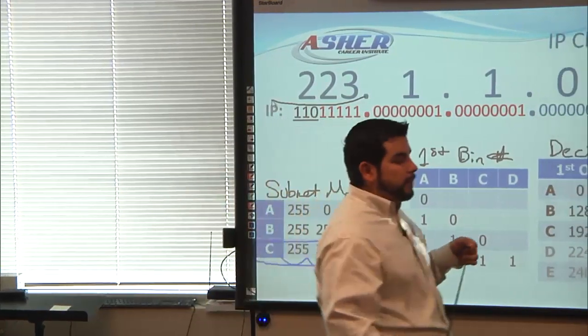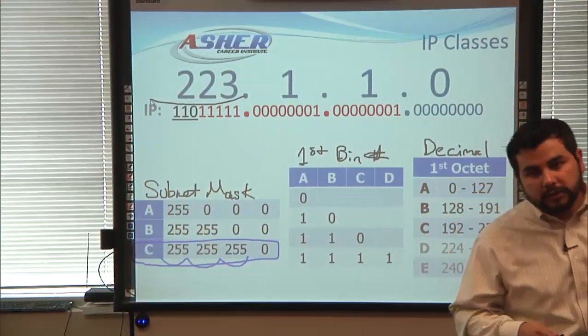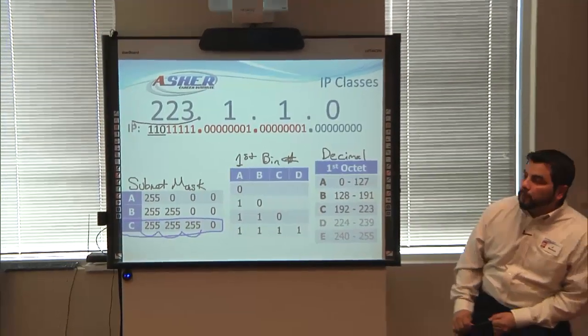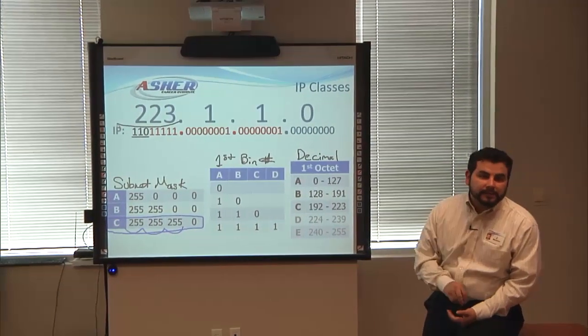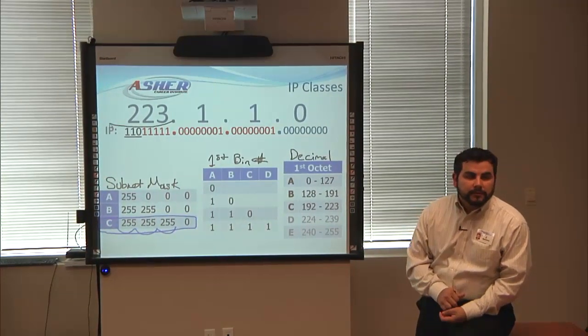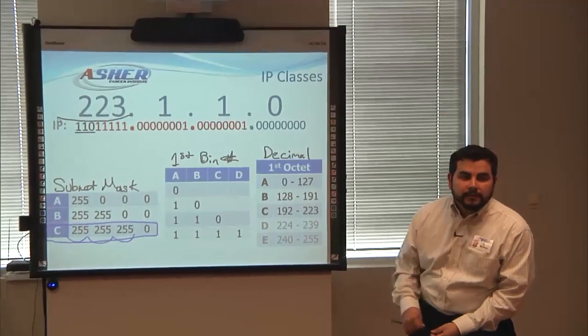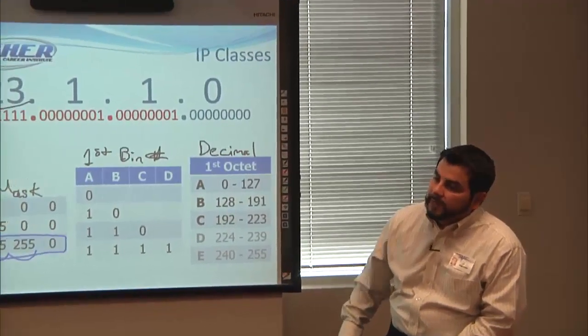So, if you think about what we just talked about, what would you say is the most important thing about these different classes? What if I said, Jake, you have a Class A IP address? Well, what does that mean? Pretty much like a big company. A gazillion hosts, right?